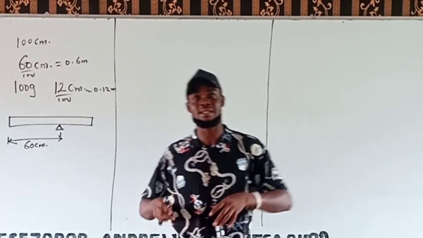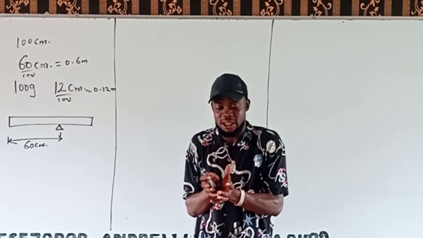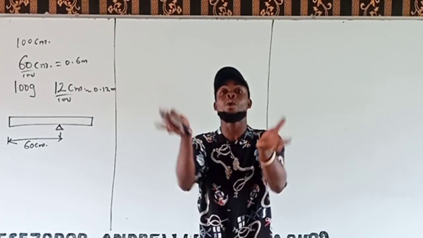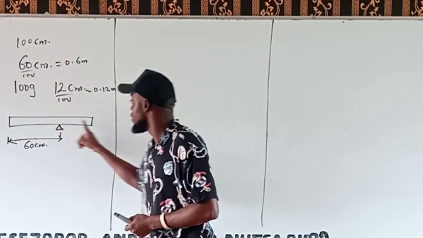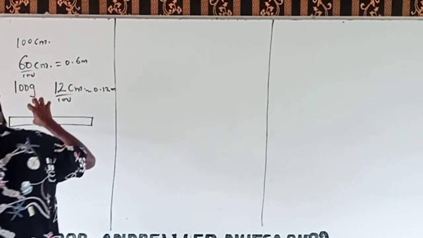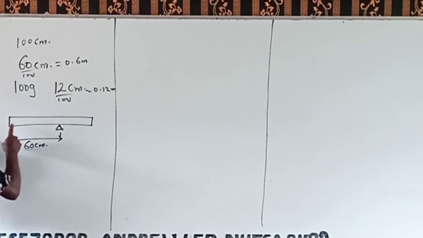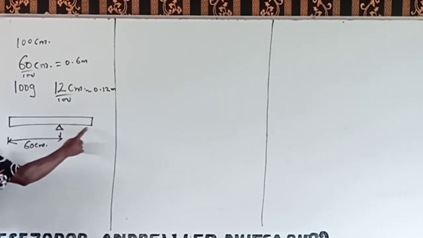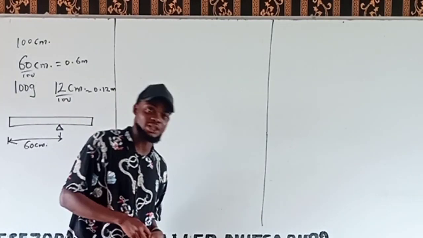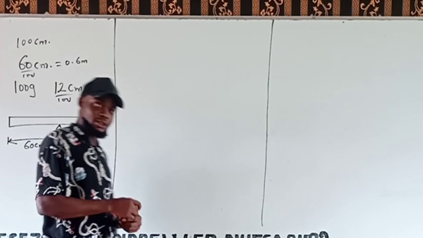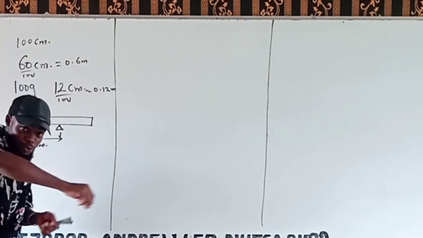Center of gravity is the point at which the whole weight of the body acts. If it is not a uniform meter rule, then the weight of the body will not be acting at the center of the meter rule. But this one is a uniform meter rule. Take a look, it is a uniform meter rule. If it is not uniform, we will tell you where the weight will be.